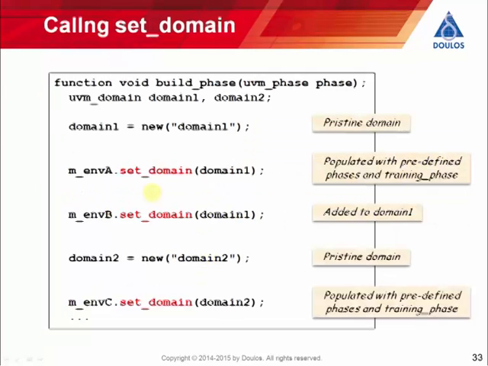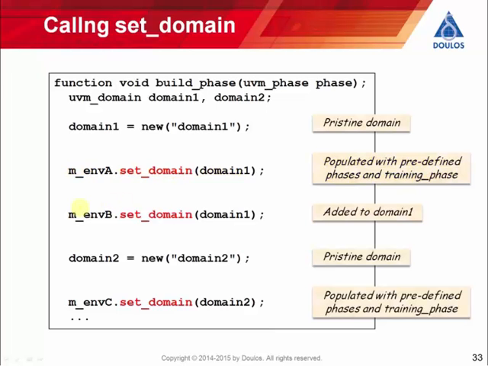To show an example of this in action, here we are in the build phase method creating a brand new domain, so you know now that this will be a pristine empty domain with no schedule associated with it. Then we're calling componentInstance.setDomain(domain1). Assuming that this is using the code on the previous slide, it's going to populate our domain with all the predefined phases and the training phase.